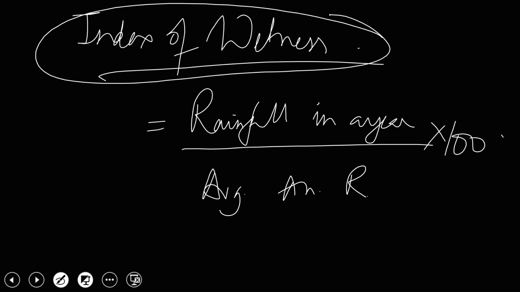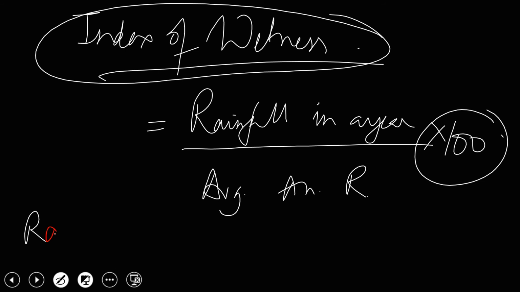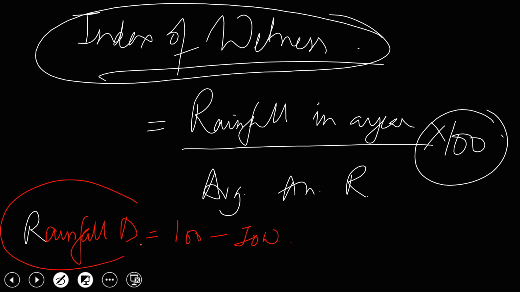For example, since we are calculating percent rainfall deficiency, or let me change the color here, rainfall deficiency will be 100 minus index of wetness. Now depending upon what the rainfall deficiency is, we could define how the year was.